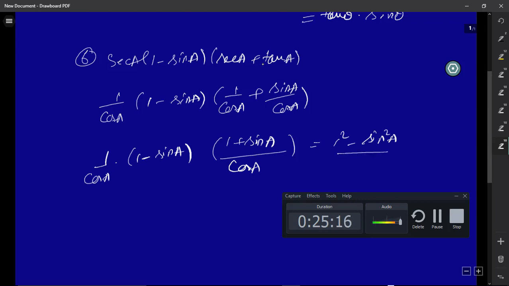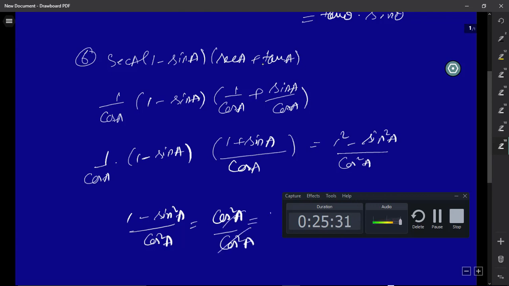Cos A into cos A is cos square A, right? 1 square is 1 only, so I'm getting 1 minus sine square A by cos square A. 1 minus sine square A is cos square A, by cos square A as it is. Cos square A gets cancelled. I get the value as 1.